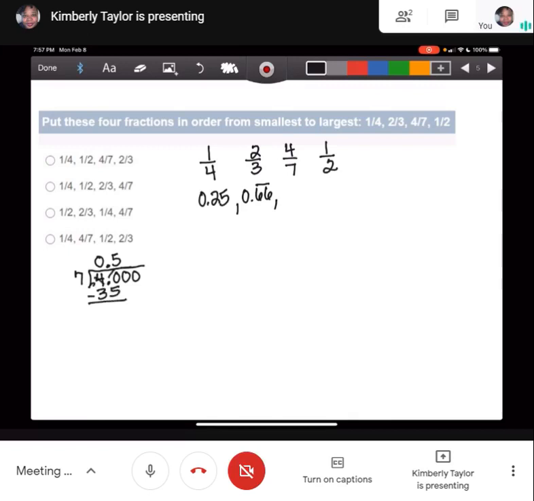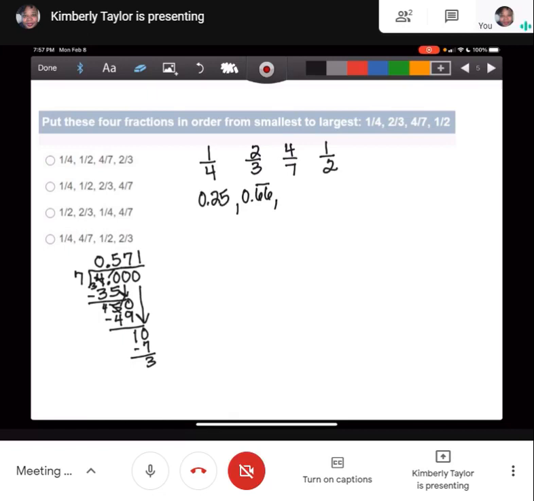And then this would be 5, bring down the 0, and this would be 7. 7 goes into 50 7 times. Multiply 7 times 7, you get 49. And you get 1, bring down the 0. That's going to be 1 time. And I think I'm going to stop there. It keeps going, but I don't think I have to go that far with this.